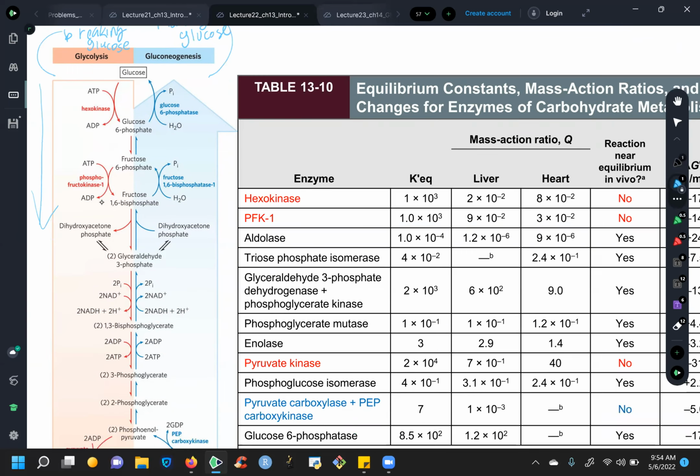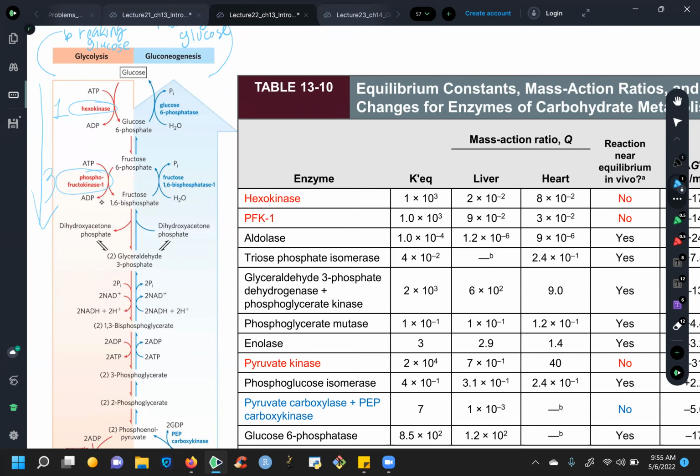So remember for glycolysis, there were 3 reactions that were irreversible. That's reaction 1, and the enzyme associated with reaction 1 is hexokinase. Reaction 3, and the enzyme associated with this reaction is phosphofructokinase 1.